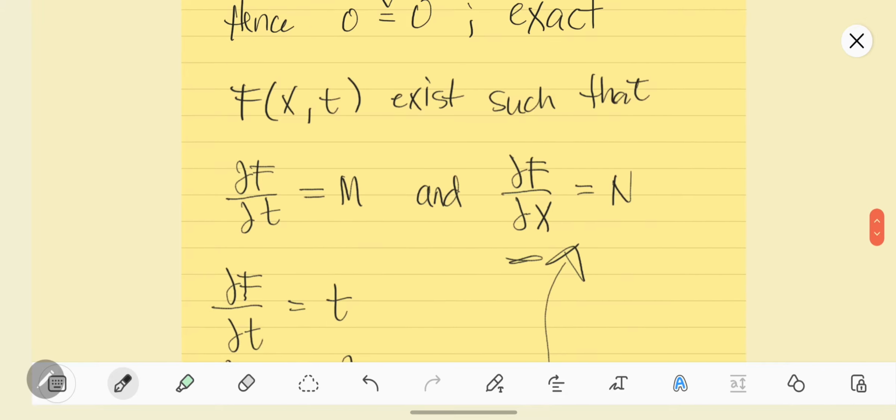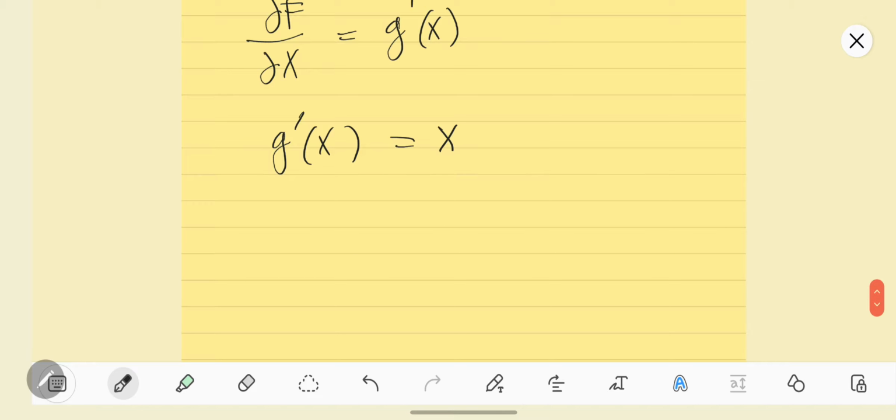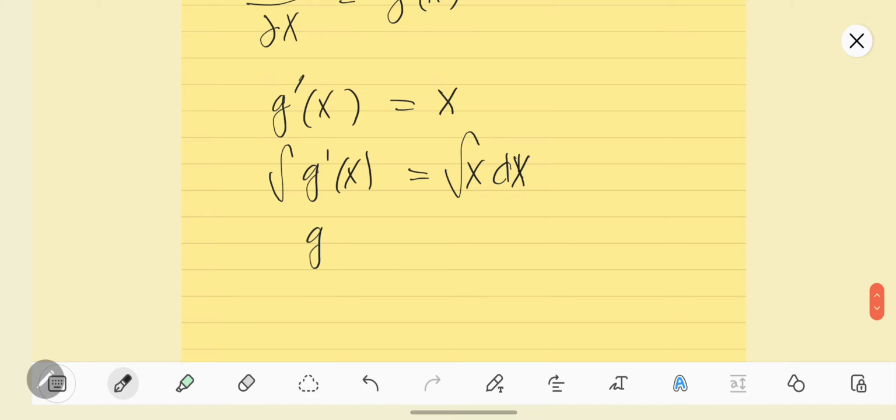Now integrating this g prime of x with respect to x, we will arrive at g of x is equal to 1/2 x squared.